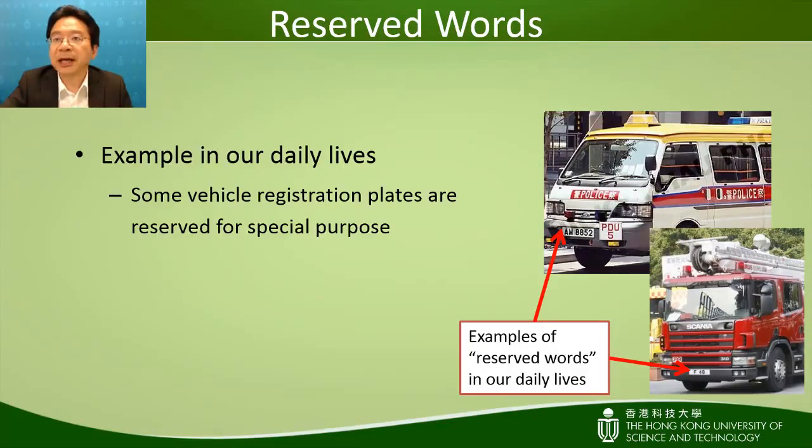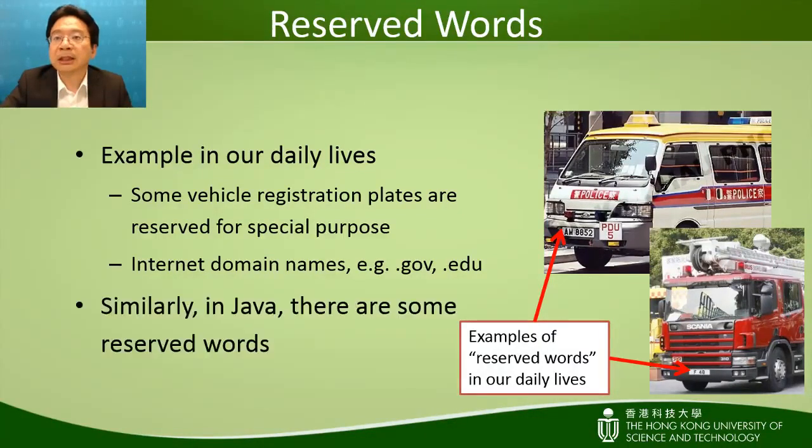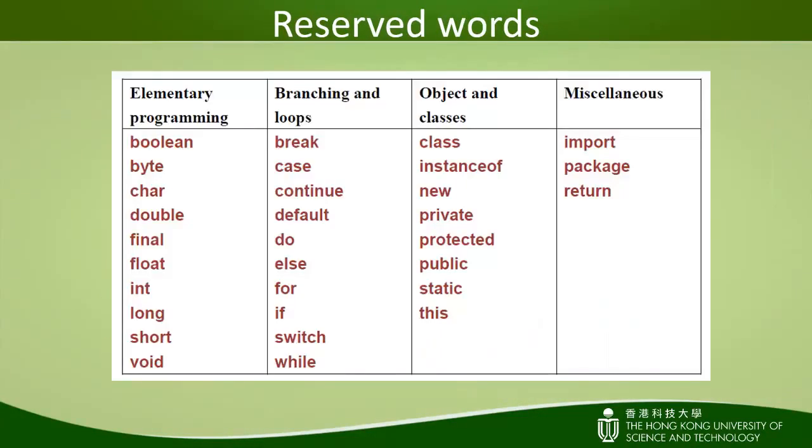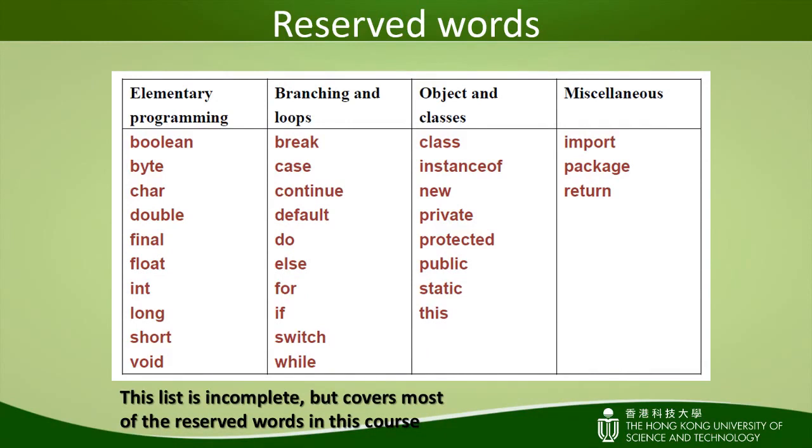Plate numbers for fire engines in Hong Kong always start with F. For internet domain names, .gov is reserved for government organizations, and .edu is reserved for educational institutions. Similarly, Java uses some reserved words. The table here shows some of the Java reserved words. The list is incomplete, but covers most of the reserved words to be used in this course.